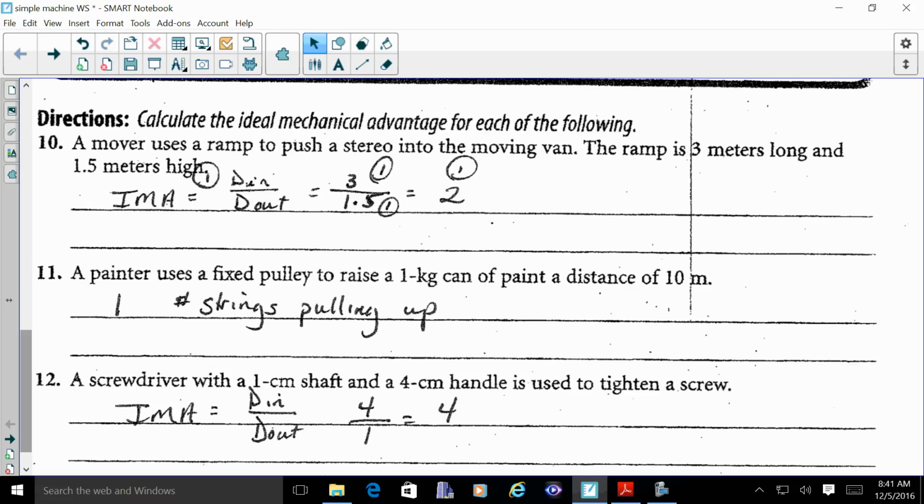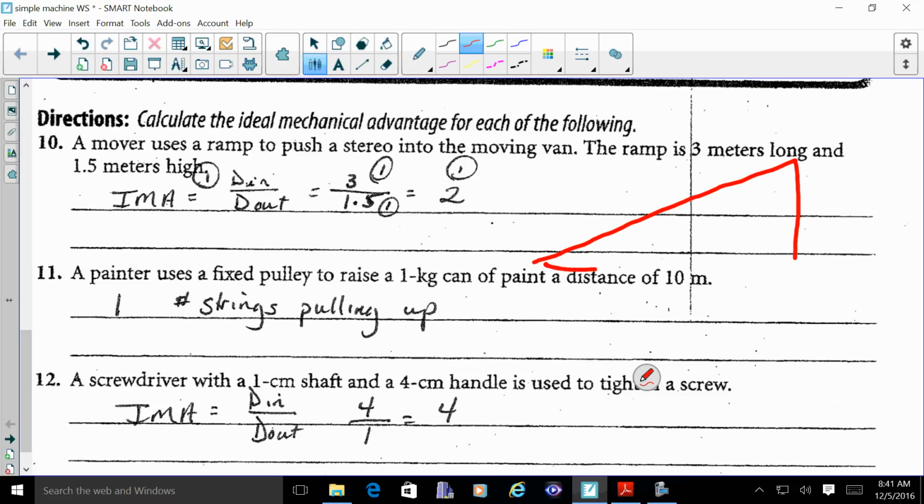It says the mover uses the ramp to push a stereo into a van. The ramp is 3 meters long and it's 1.5 meters tall. To get the ideal mechanical advantage would be the distance in over the distance out.